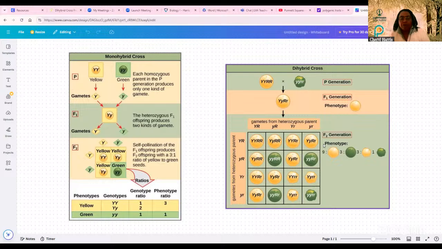It may look better this way because each box is individually colored, yours is not, but it's the same thing. We're looking at two different traits, yellow and green, wrinkled and round.